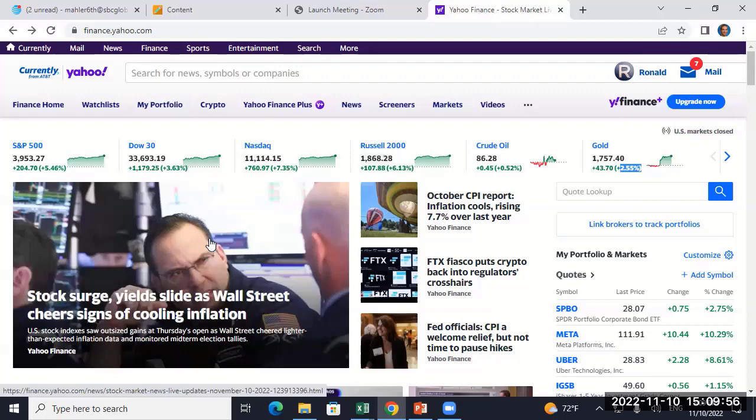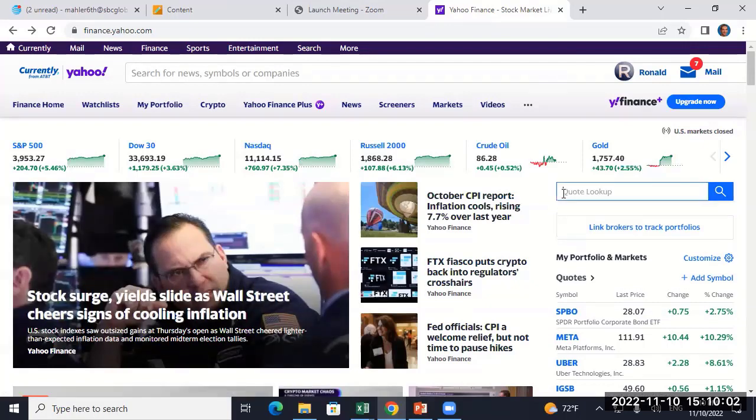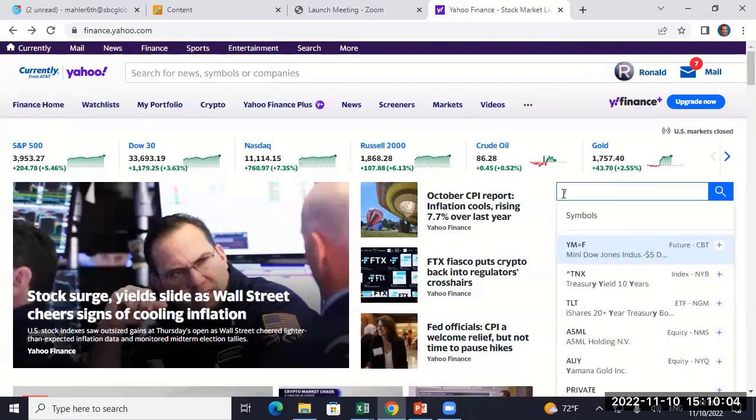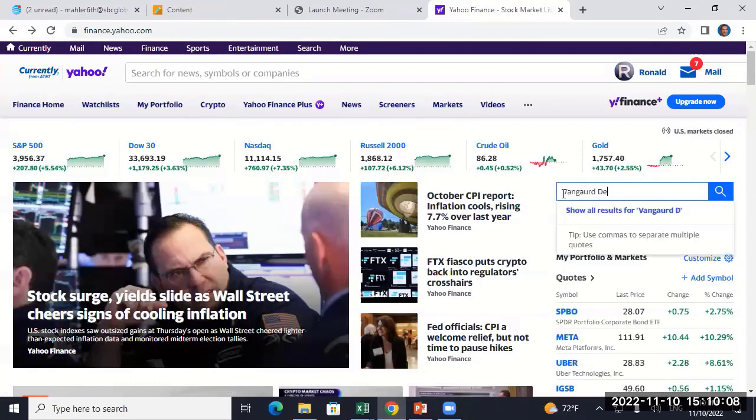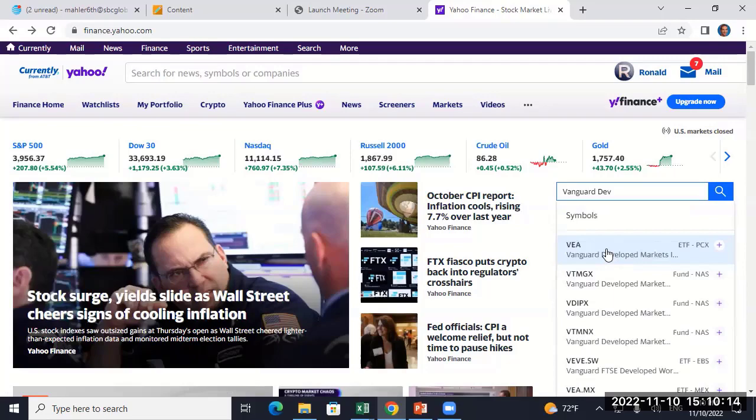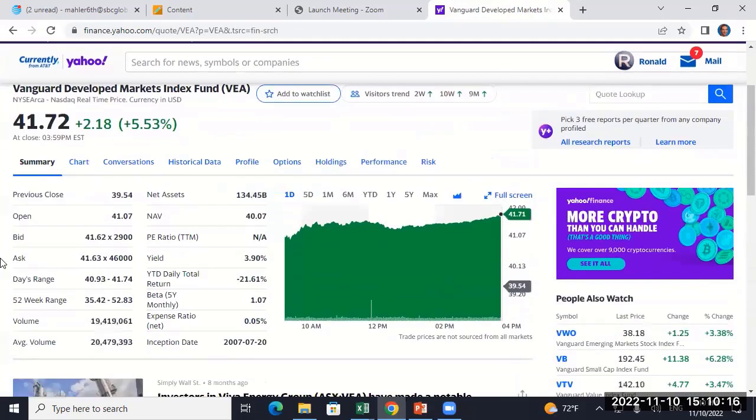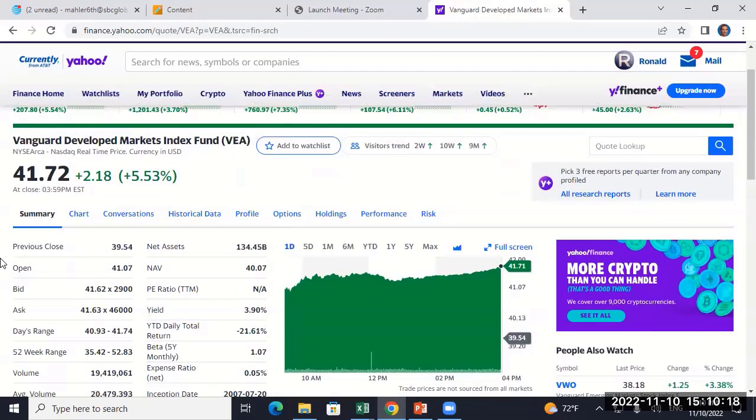I was talking about getting in the European stocks mainly because the dollar has got to weaken. I don't know how European stocks are doing. Let's see. Developed markets, VEA, it's up 553. How much of that is currency?